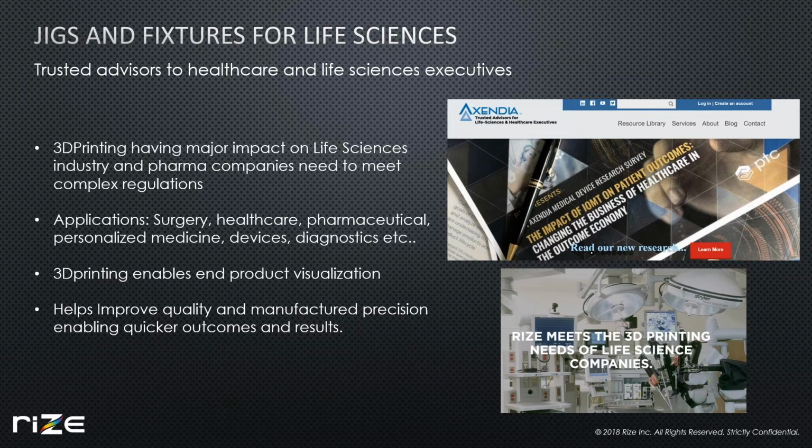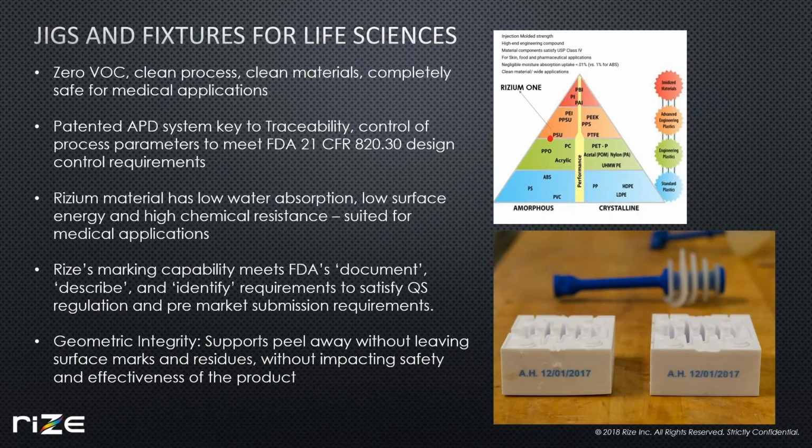Obviously, 3D printing is having major impact in all industries, including life sciences, in the case of surgery, healthcare, pharmaceutical, personalized medicines and such, and also with end product visualization. And this is some of the things that the FDA talks about in its guidance.